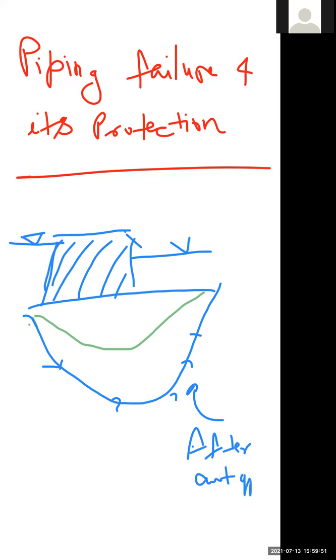Here is the before cutoff. So for prevention of this condition, in the downstream direction, provide a sheet pile.